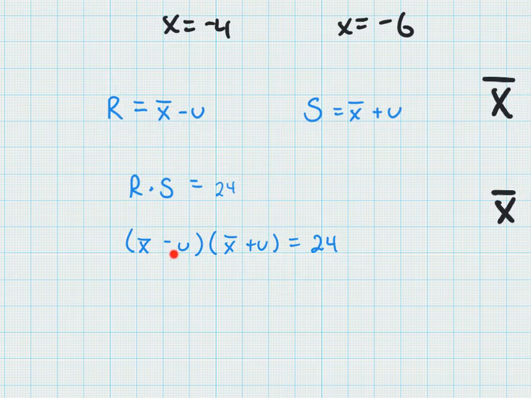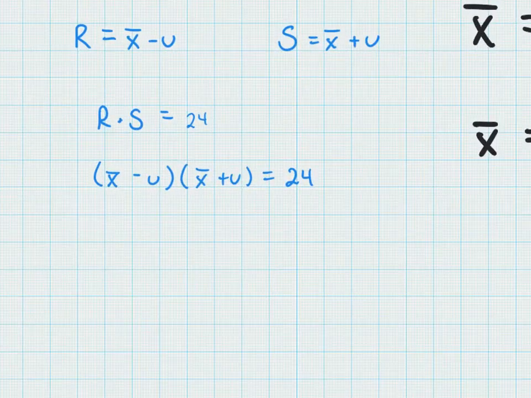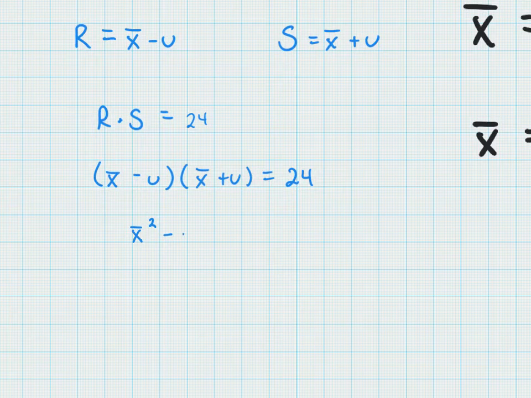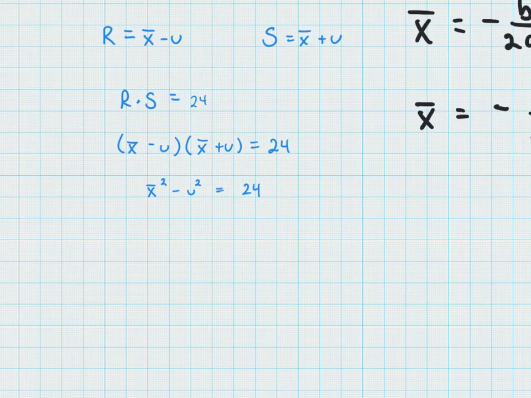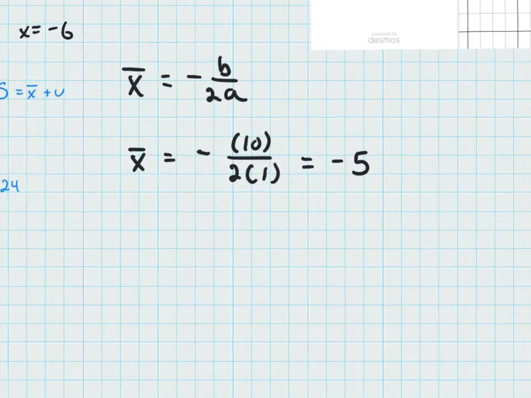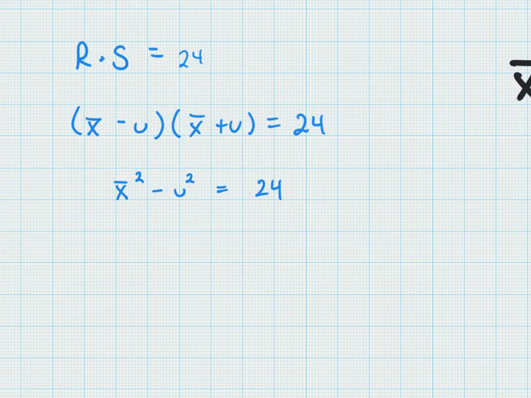And here's a nice thing. These two right here are conjugates. So when we multiply them, essentially we get squares. So all we have is x bar squared minus u squared is equal to that value over there of c. Now we already know what x bar is. In this case, it's negative 5. So I'm going to plug negative 5 in right here.